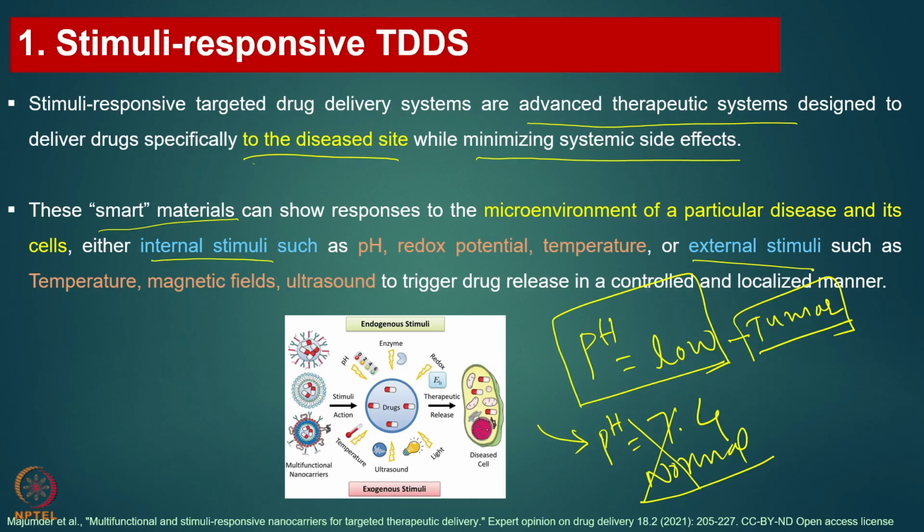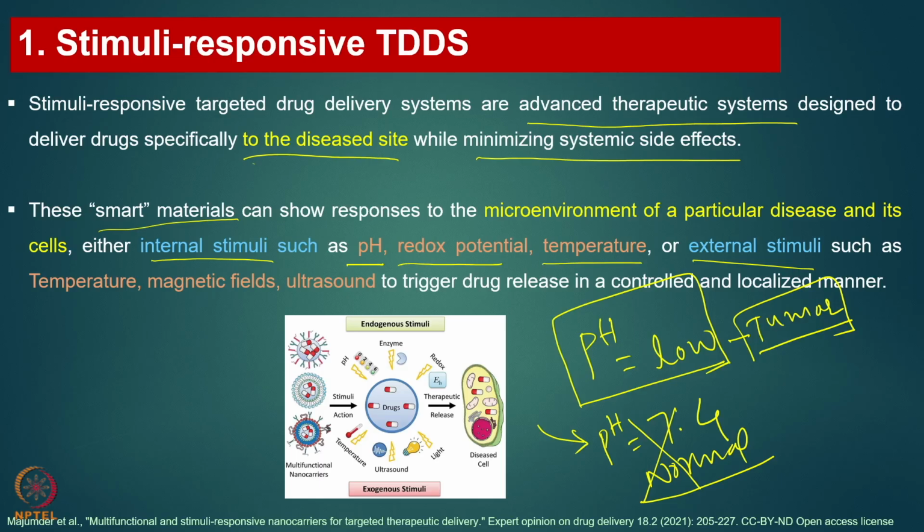The internal stimuli are available at the disease site. Consider tumors or infectious diseases: in the disease state, pH, increased redox potential and increased temperature work as internal stimuli.